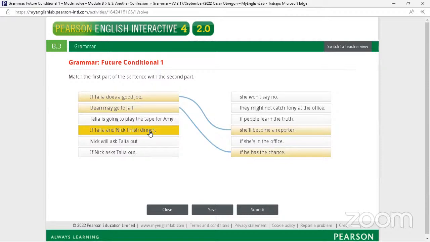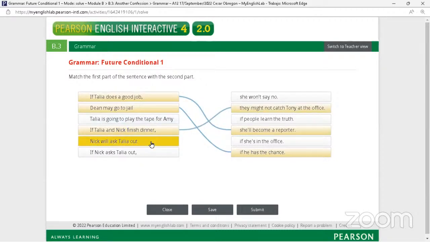Talia is going to play the tape for Amy. If Talia and Nick finish dinner, they might not catch Tony at the office. Okay, sounds better. Nick will ask out Talia. Nick will ask out Talia.